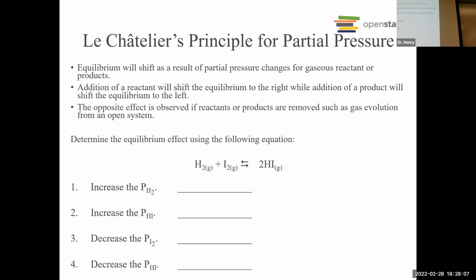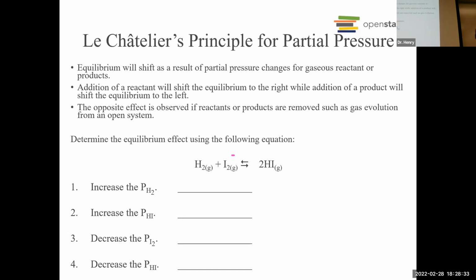Okay, so if we increase the pressure of the hydrogen gas in this equation, so increasing the pressure will go to the right.